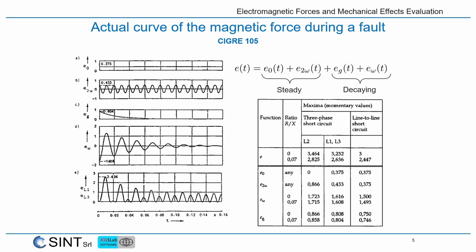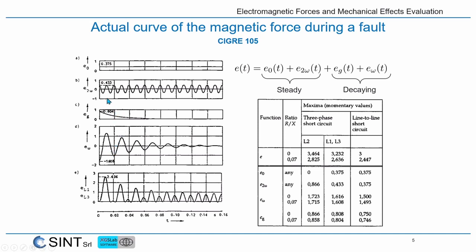In fact, the actual curve of the magnetic force during a fault, as described in the CIGRE 105, is quite complicated and it's far from being completely sinusoidal. We mainly have three terms, a steady term and a decaying term, which are plotted here.